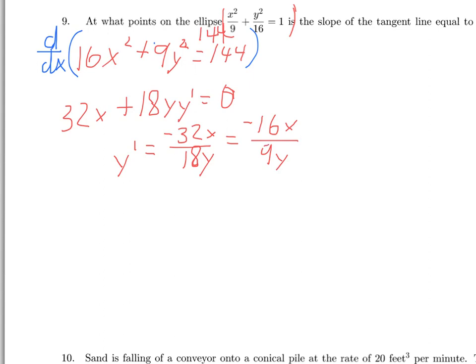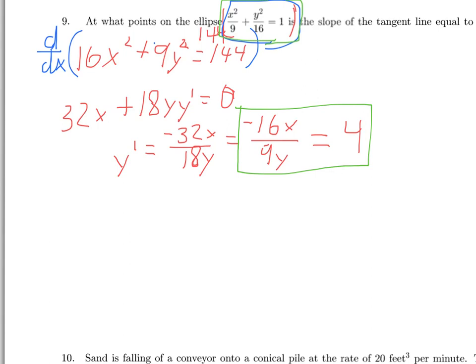So we need to know what points exist on this curve wherein the slope is equal to 4. We now have two different equations and two unknowns, x and y. Use any method to solve this you'd like. I would prefer substitution.